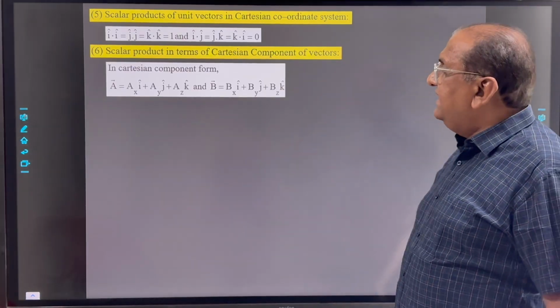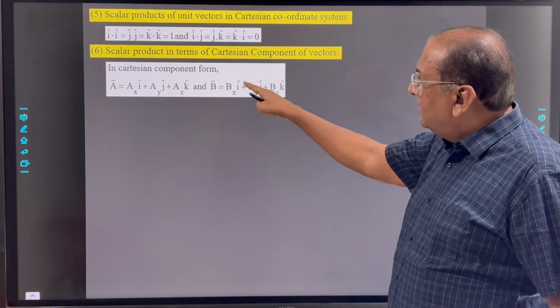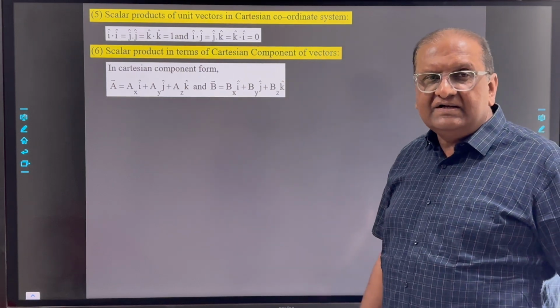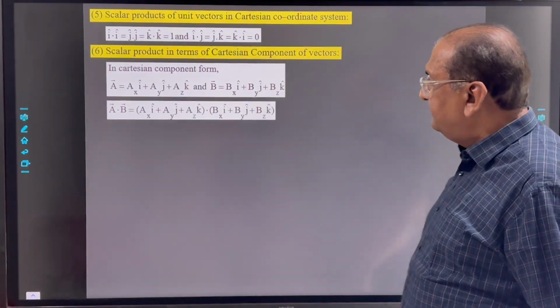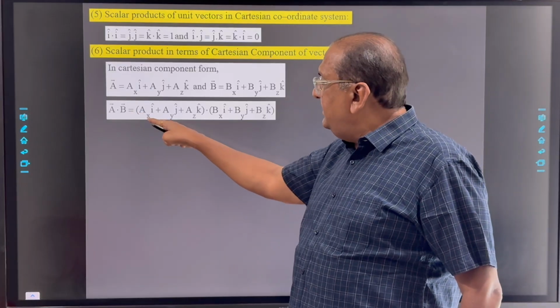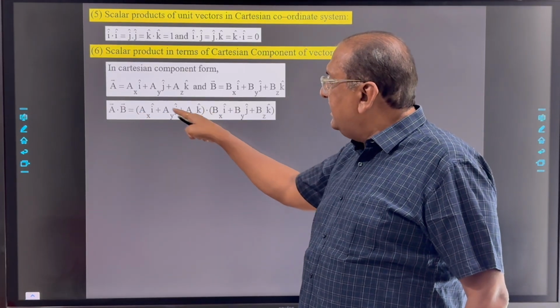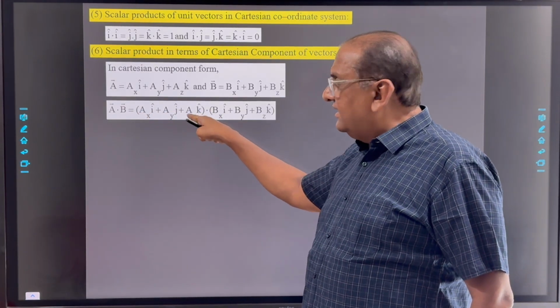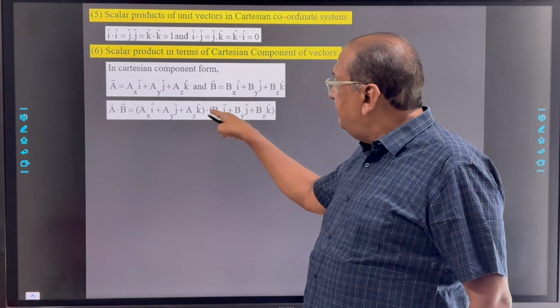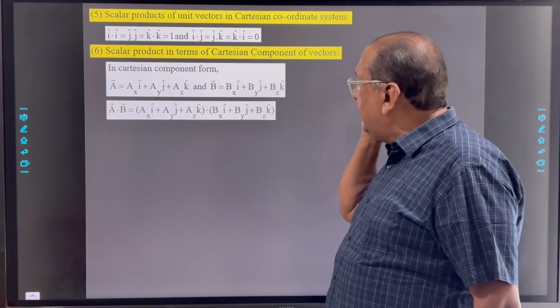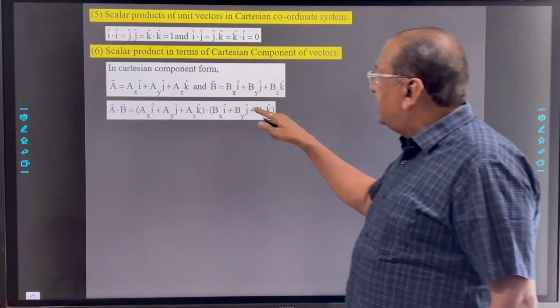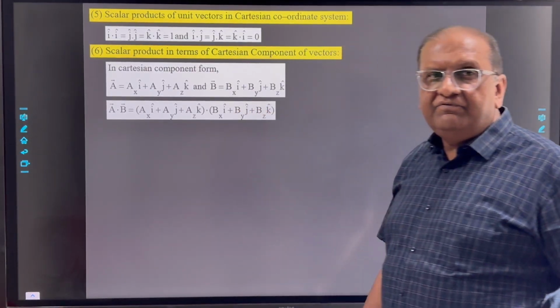Okay. Now let's take the dot product between these two vectors in component form. So A dot B: in the first bracket we take vector A in component form, dot, in the second bracket the vector B in component form.